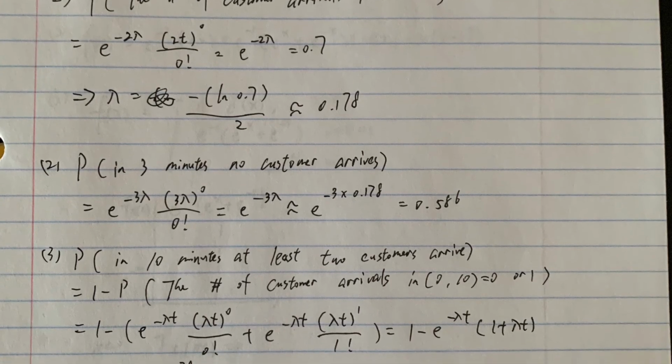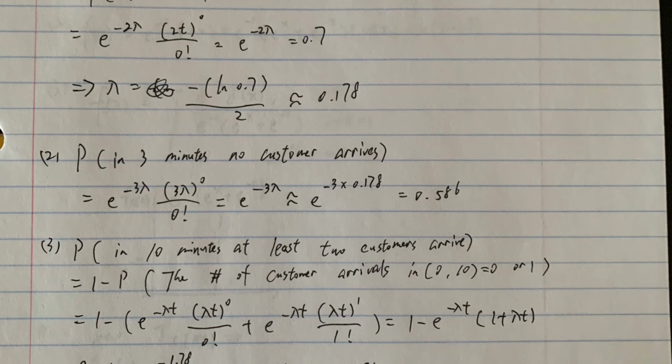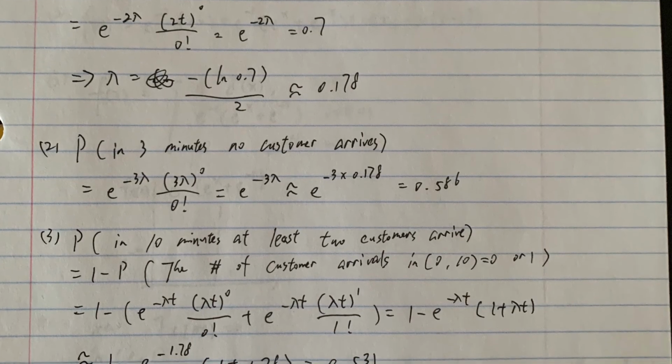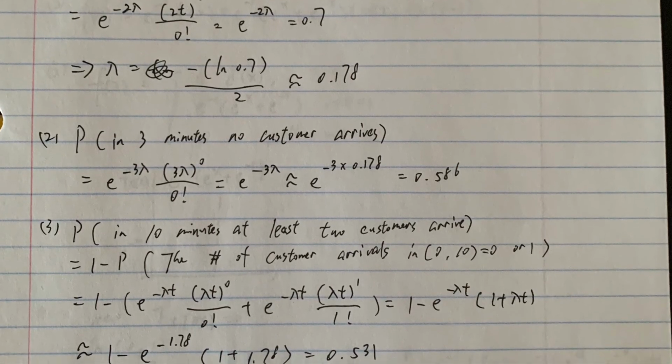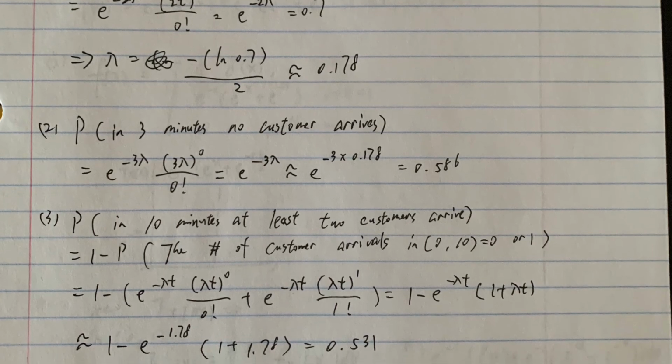So the answer is 0.531. And for the last question, question 4, it asks for in 1 minute exactly one customer arrives.